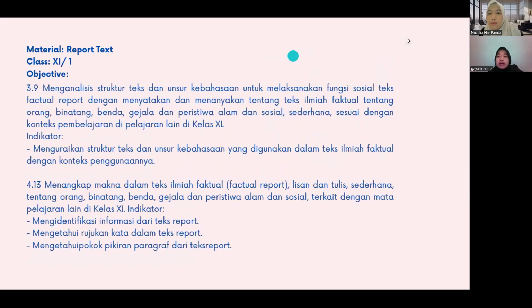Let's start from defining. Before we make a reading test, we have to know the curriculum. We have to make sure that we make an assessment that aligns with the Indonesian students' curriculum, right?